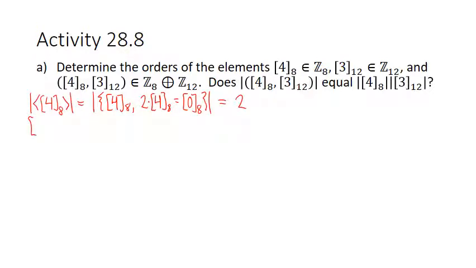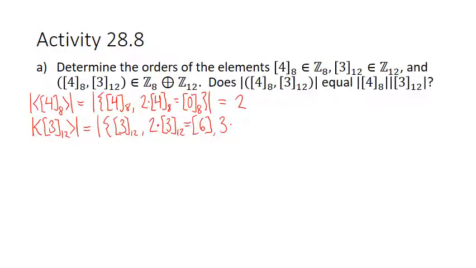And then the order of 3 in Z12. Let's see what is in this cyclic subgroup. There's 3, and then there's 2 times 3, which is 6, and then there is 3 times 3, which is 9.